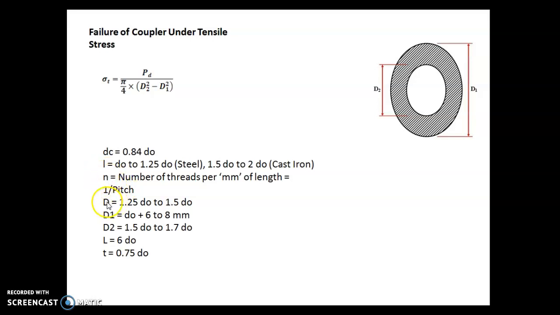Okay, then capital D value is equal to 1.25 to 1.5 times the nominal diameter, then capital D1 will be nominal diameter plus 6 to 8 mm. So 6 to 8 mm means take the middle value, that is 7 mm. Okay, now the later part we will discuss in the next lecture.